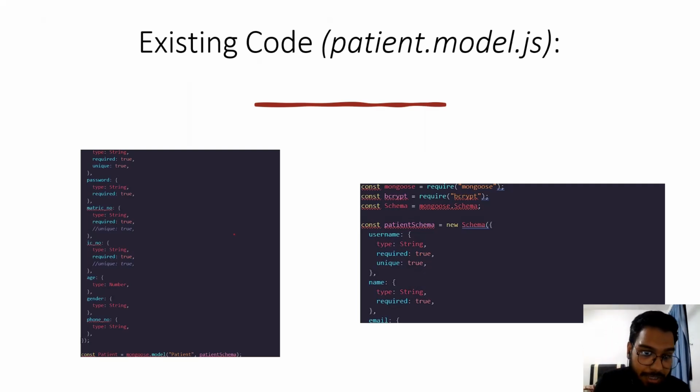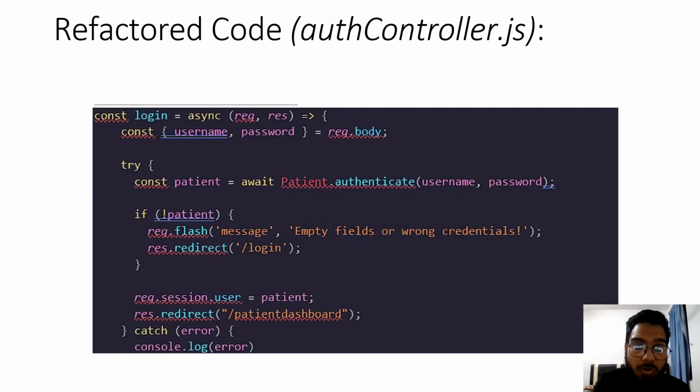Here we can see no authentication. In the refactored code, we included an authenticate method in the patient model, so that the authentication can happen in the patient model, and it does not have to depend on the login one.